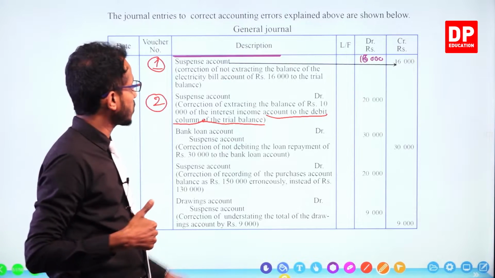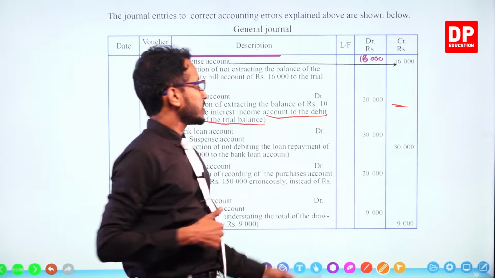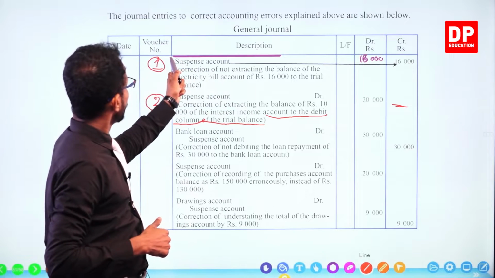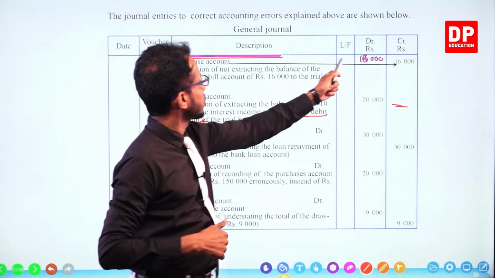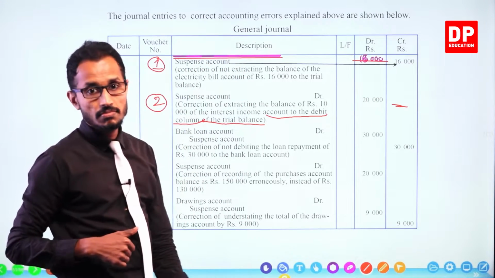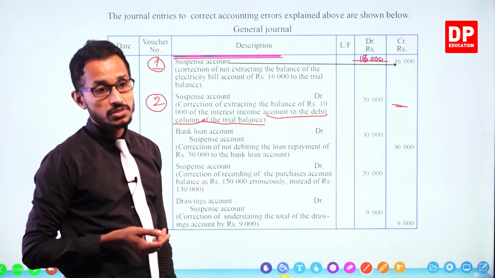No need to mention trial balance credit 20,000, just like in the above error, where we didn't mention the trial balance debit 16,000. I have mentioned it, and if you want, you can mention it.